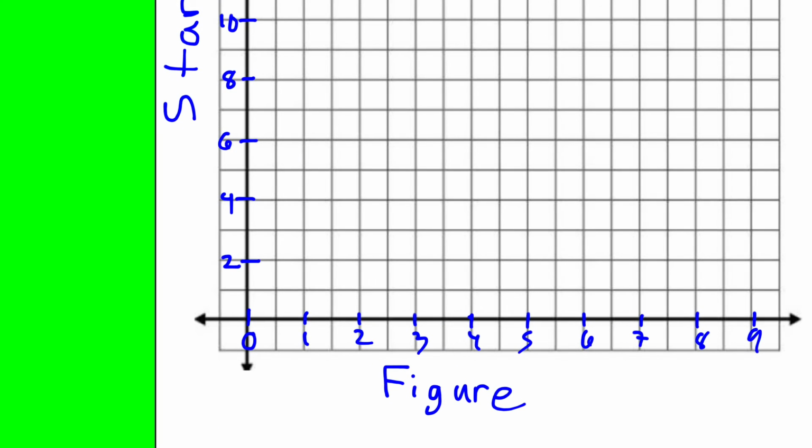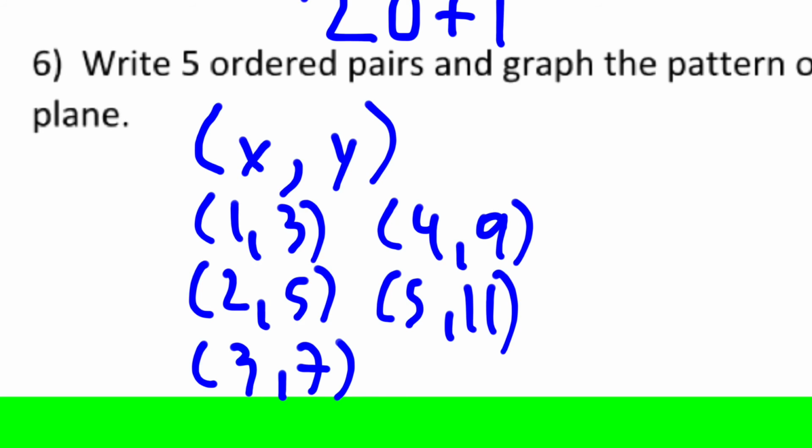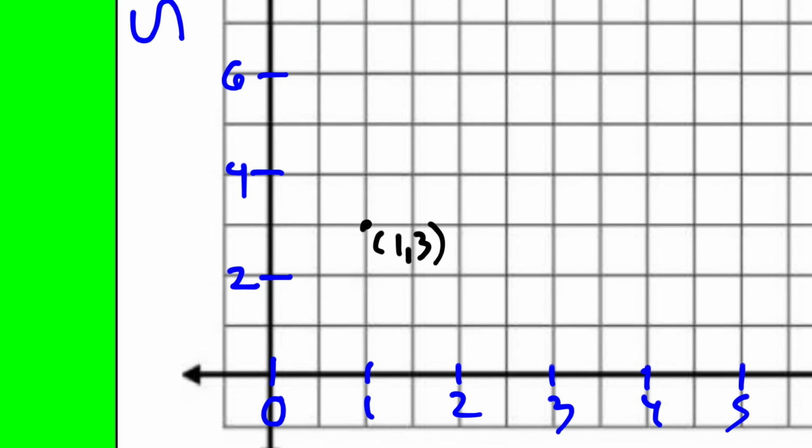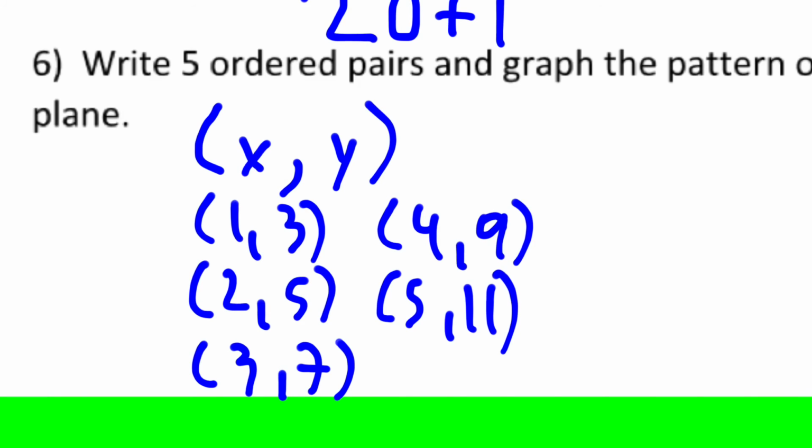Now, when we go to graph these, the first point is 1 on the x and 3 on the y. So we'll do this. Across 1 on the x and 3 on the y, this is 2, that's 4, so this is 3. There's 1, 3. Then 2 on the x, 5 on the y. Just going to double check everything here, yep.